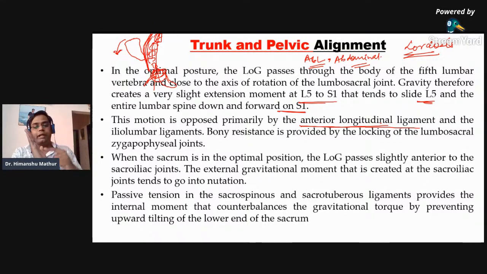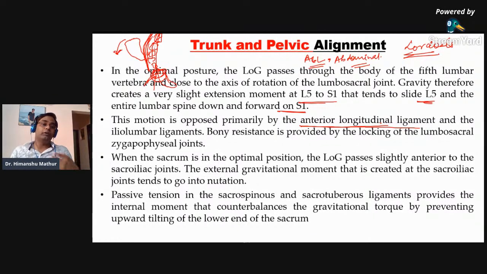If they are stretching, the primary restraint will be the anterior longitudinal ligament, which is followed by the contractile structure, that is the rectus abdominis. Fine.